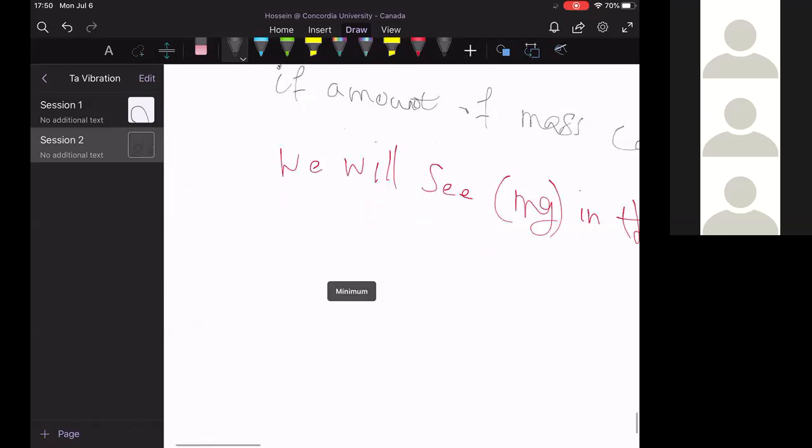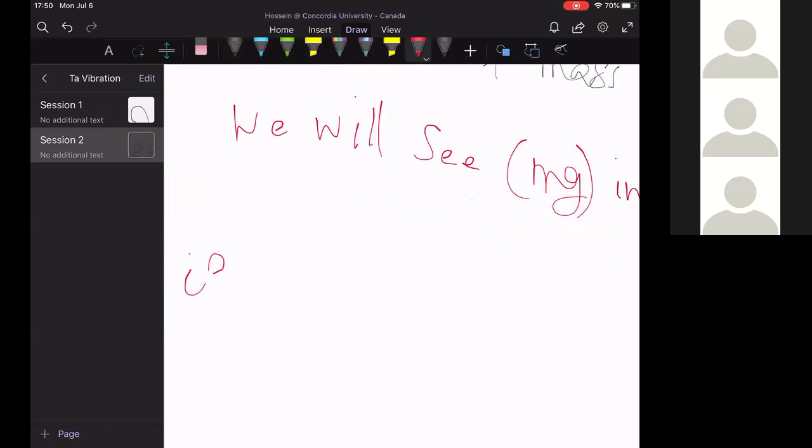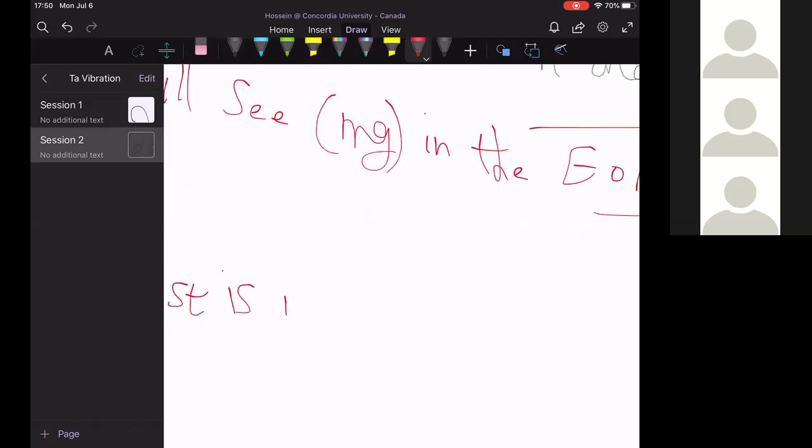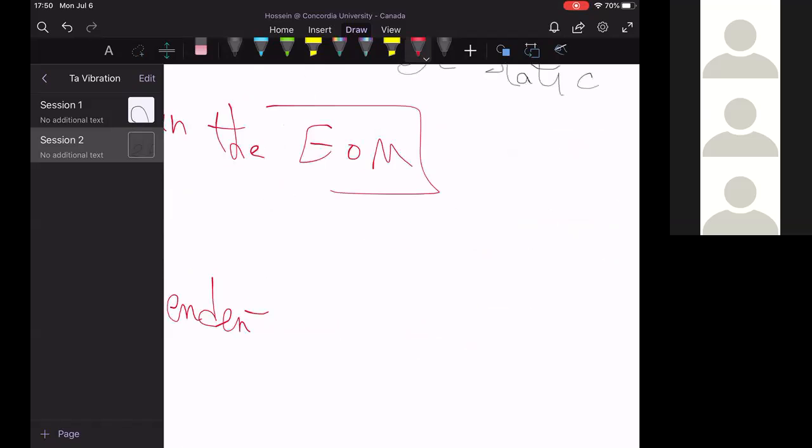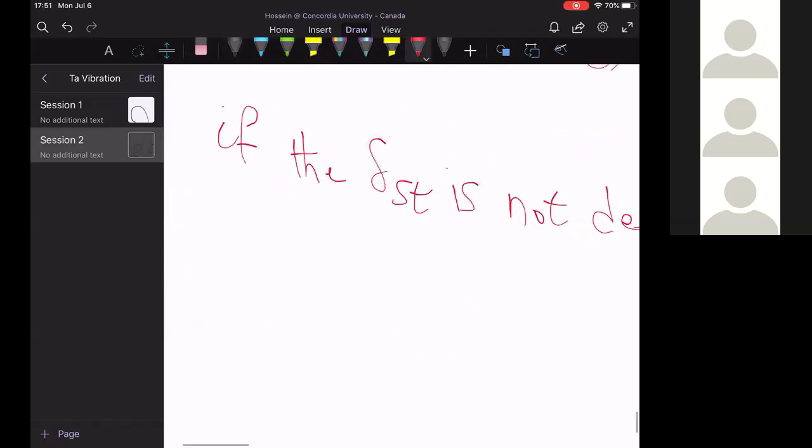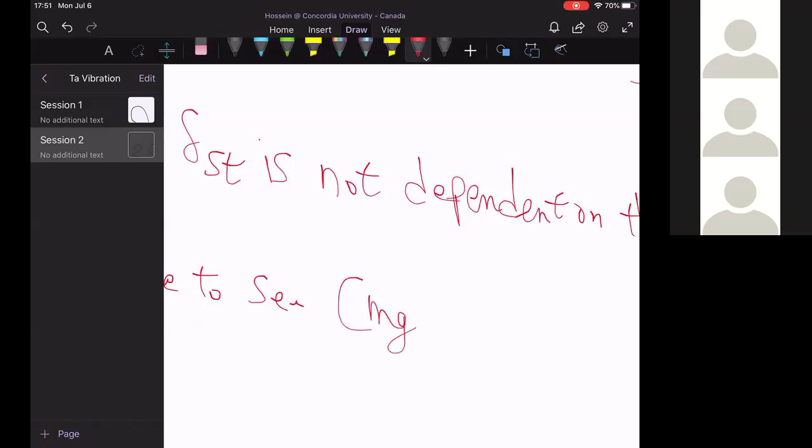And if the static equilibrium position is not dependent on the mass, normally and generally, in most cases, we have to see mg in the equation of motion.